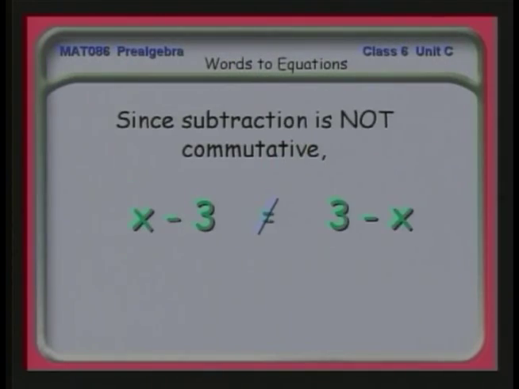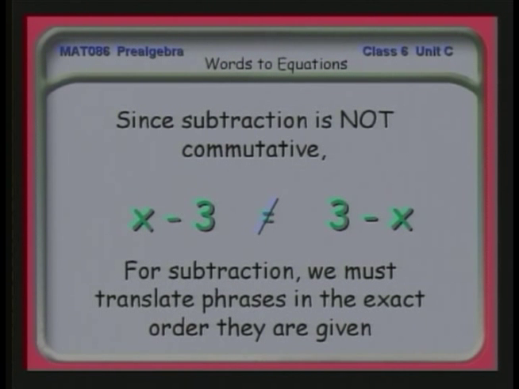So you cannot just flip them around the way you could for addition. For subtraction, we have to translate those phrases exactly as they're given in the English, or you could wind up with something that's negative of what you actually want.